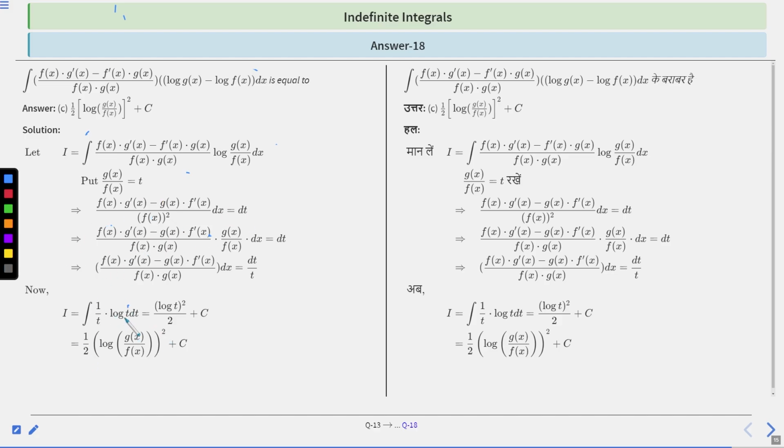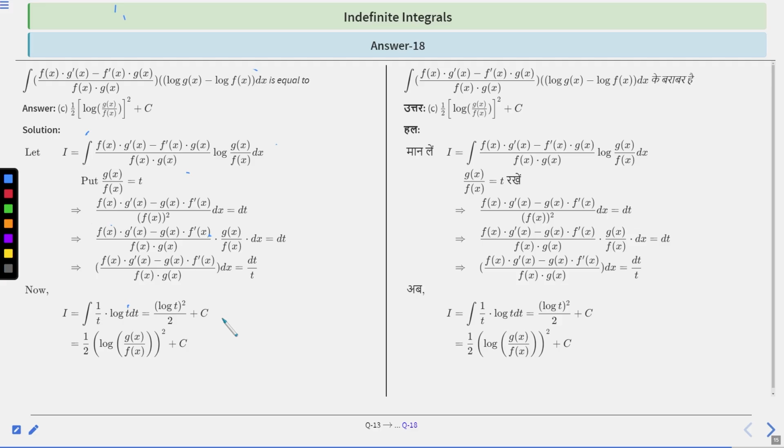Now if log t is z, then 1 by t dt will become dz, right? So it will become z square by 2, right? So you can put z as log t. Therefore, I is equal to (log t) square by 2 plus c. Now, if we put t as g(x) upon f(x), then I is basically 1 by 2 (log g(x) upon f(x)) whole square plus c, right? Clear?